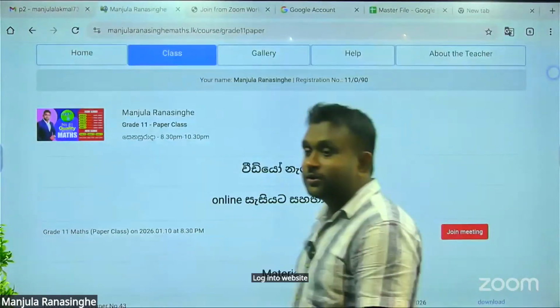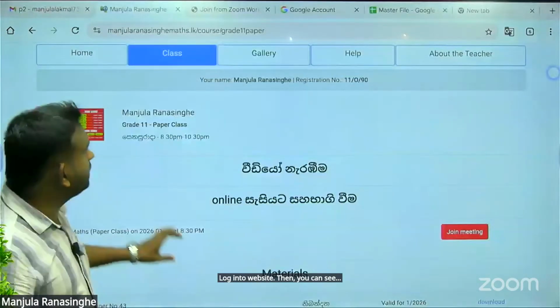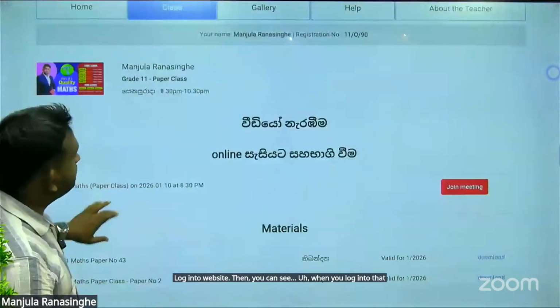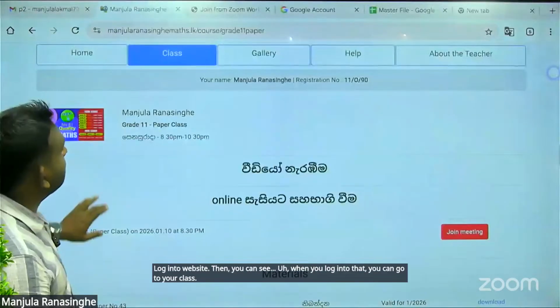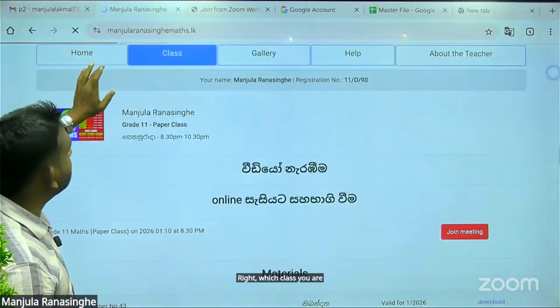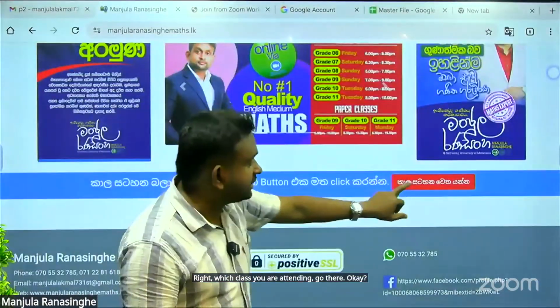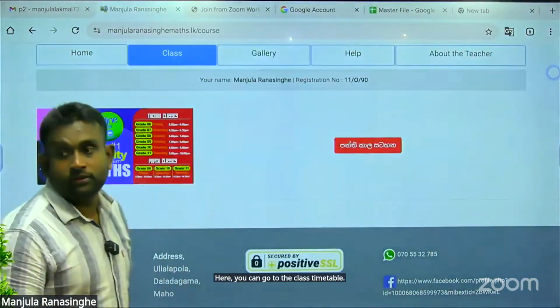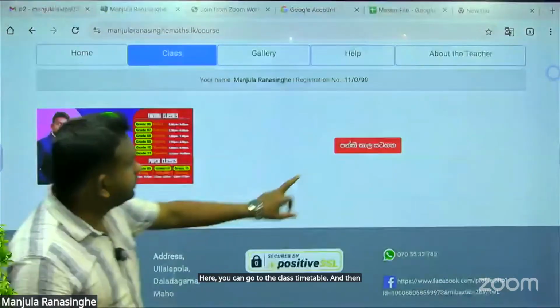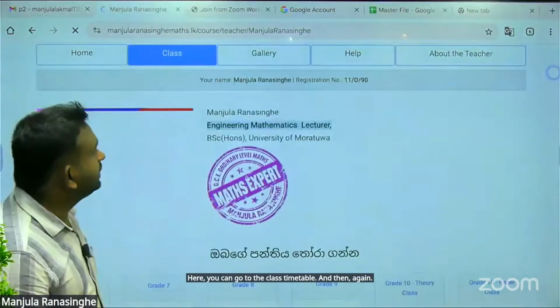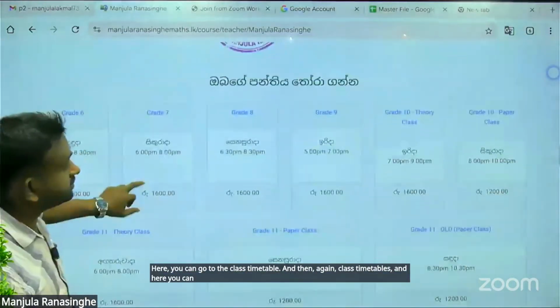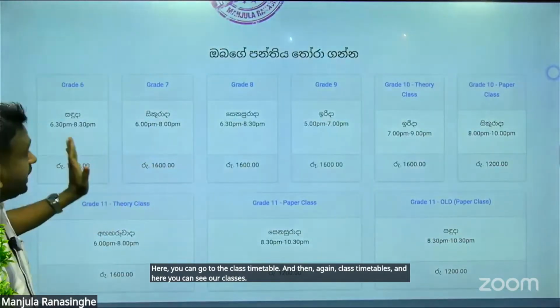When you log in, you can go to your class, whichever class you are attending. Here you can go to the class timetable, and there you can see our classes with the timing, everything.